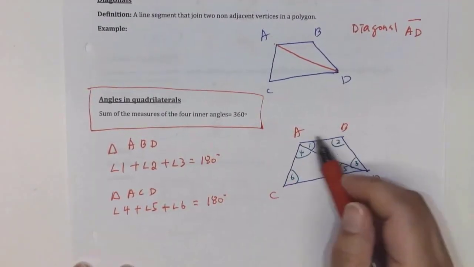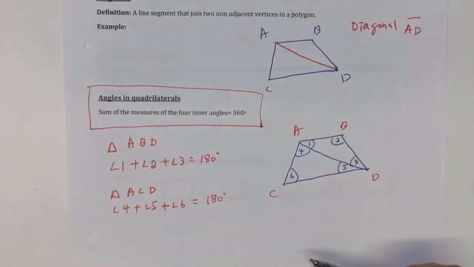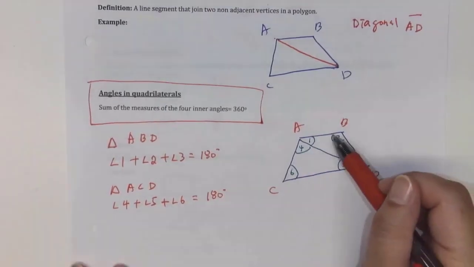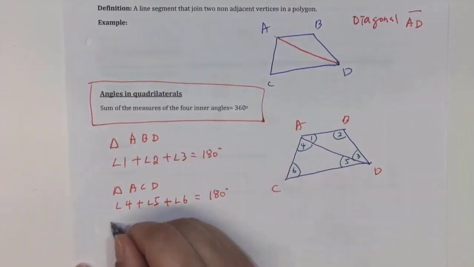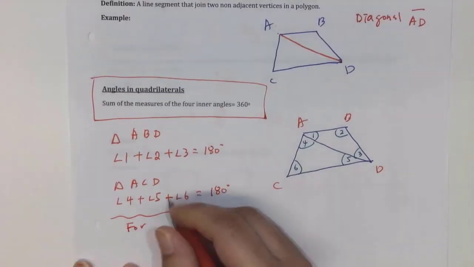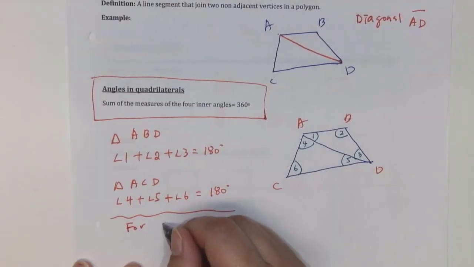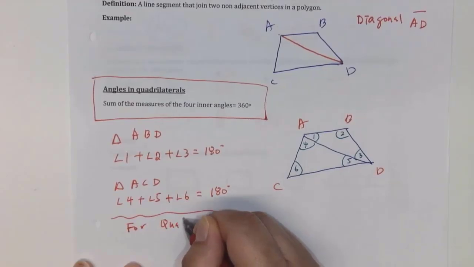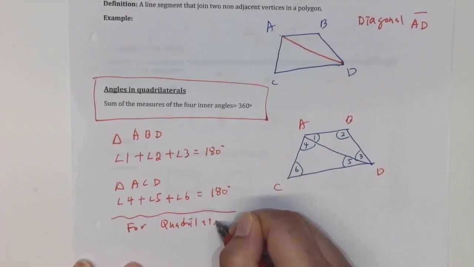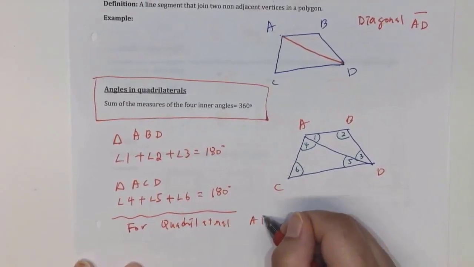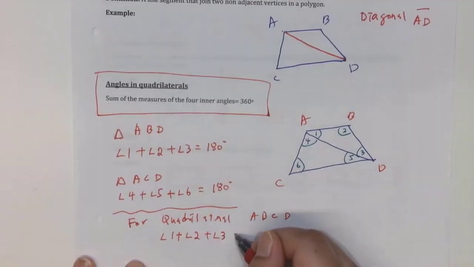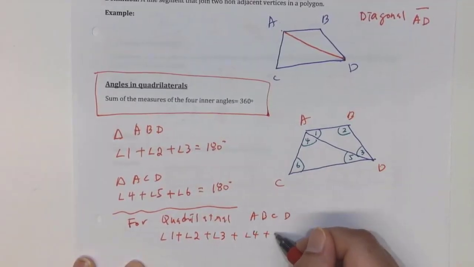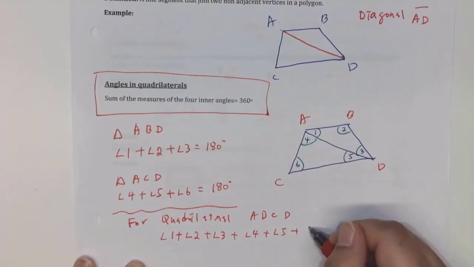So if I just add up all of them, that should be the inner angles of the quadrilateral, right? So this is one angle, this is one, this is one, this is one. So for the quadrilateral ABCD, we will add up angles 1, 2, 3, 4, 5, and 6.